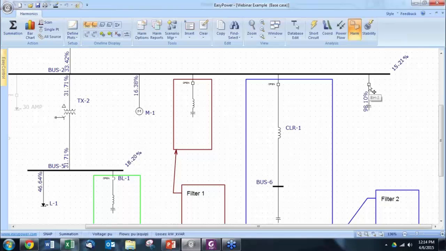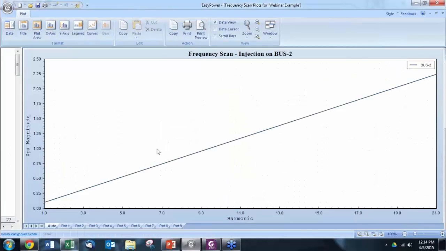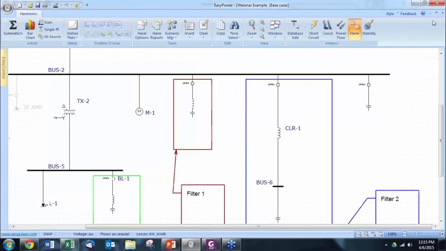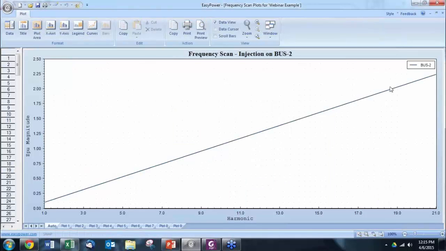Now, why does this happen? When we run an analysis on this bus, on the middle voltage bus, and we make a frequency scan, which is the impedance against the harmonic value, the frequency, we see that it's linear. It's just inductance, which is transformer, cables, and whatnot.